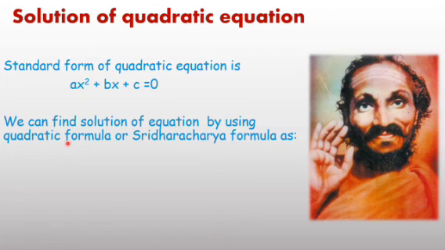And this quadratic formula was first given by Sridharacharya. Therefore it is also known as Sridharacharya formula, which is x equal to minus b plus minus under root b square minus 4ac upon 2a. Up to class 10th and previous classes you have covered, if b square minus 4ac less than 0, there is no real root. Now here you have to solve. No real root means you will get complex roots here.